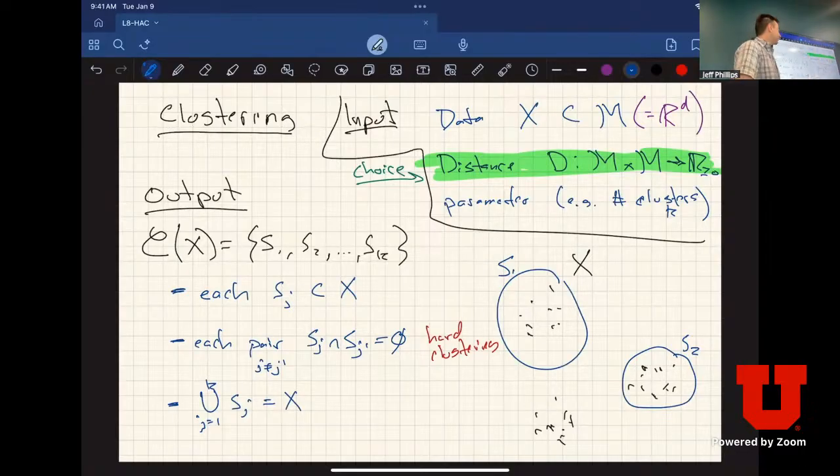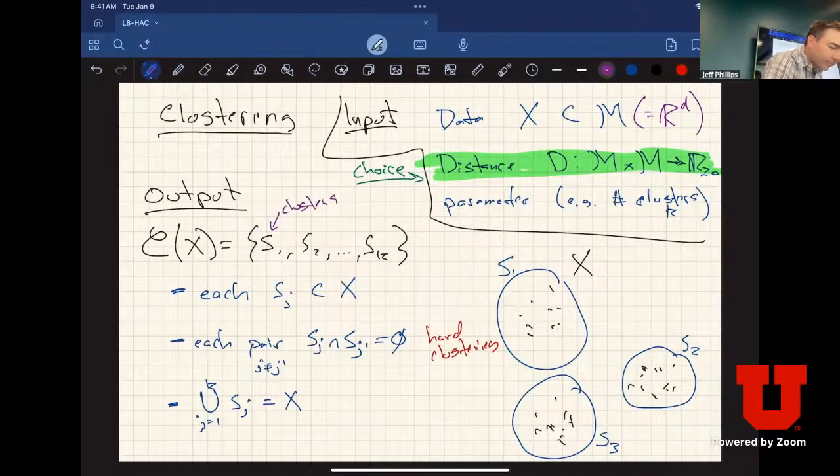So this is going to be a partition of the data. So this would be S1, S2, S3, and that includes all the data. Every data point is in at least one of the clusters we have identified. Okay, so these subsets would be called the clusters. This would be called a cluster.